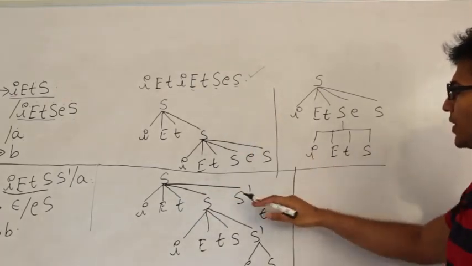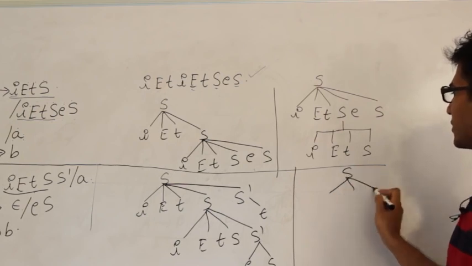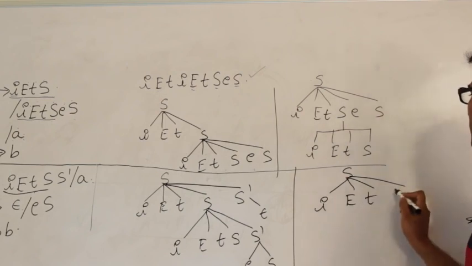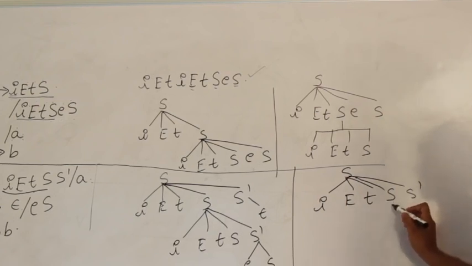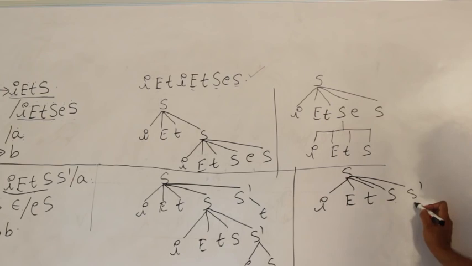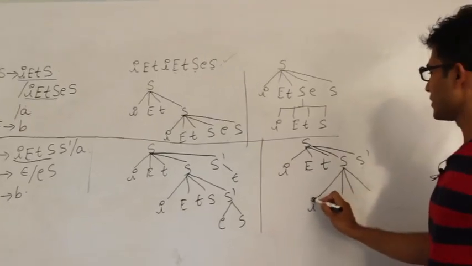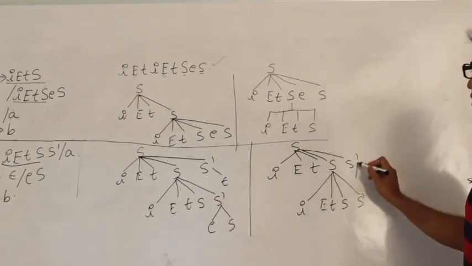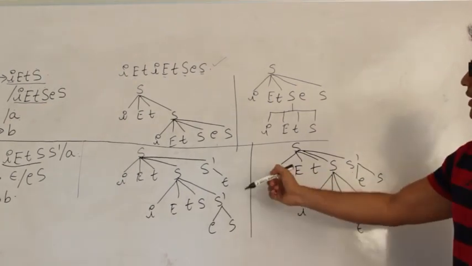And now I will use the same grammar and do one more parse tree. One more parse tree is I, E, T, S, S dash, and now the second S dash is again I, E, T, S, S dash, and here I'll use ES, and here I use epsilon, right? So we got again two parse trees.